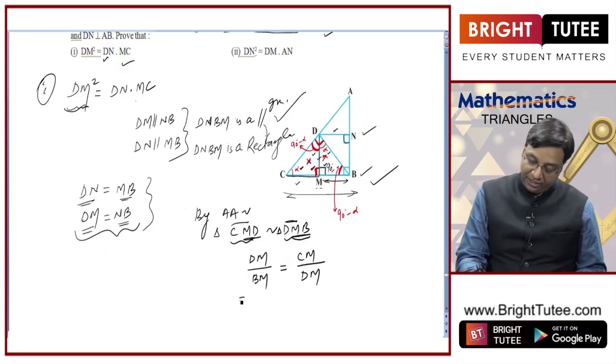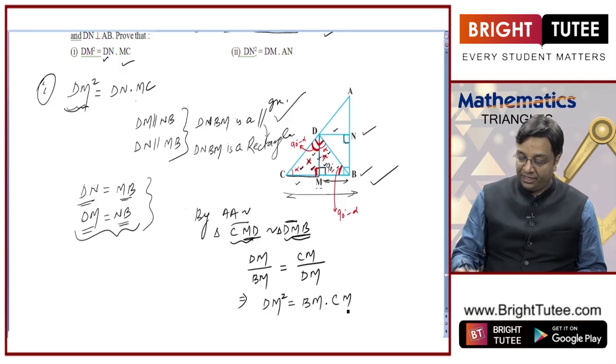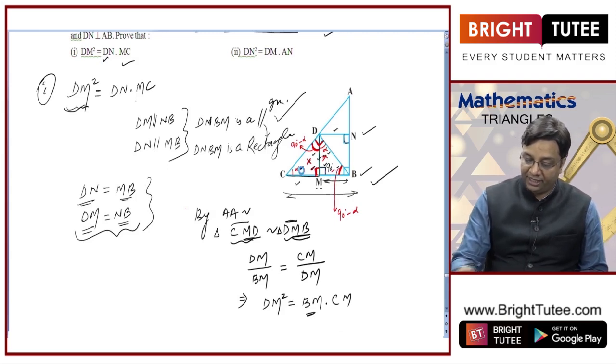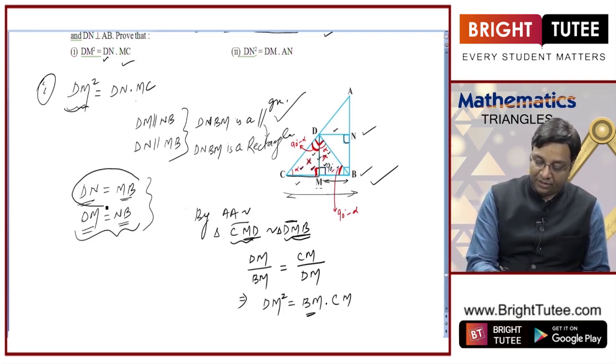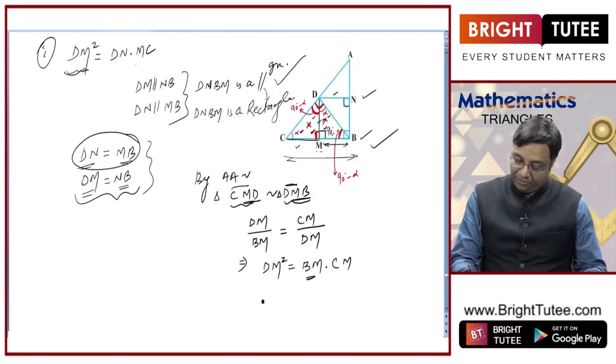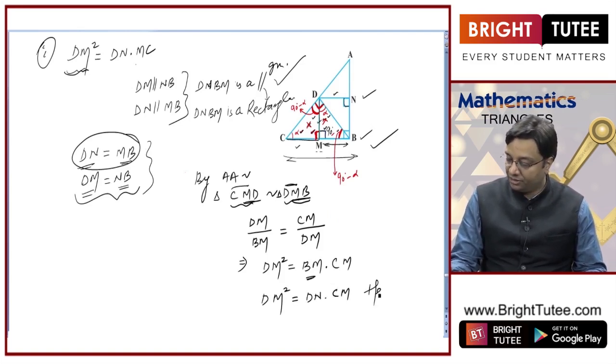Now if I cross multiply, DM square is equal to BM into CM. Now BM and DN are equal, so I can replace it by DN so that I can prove this result. Now the first part is proved.